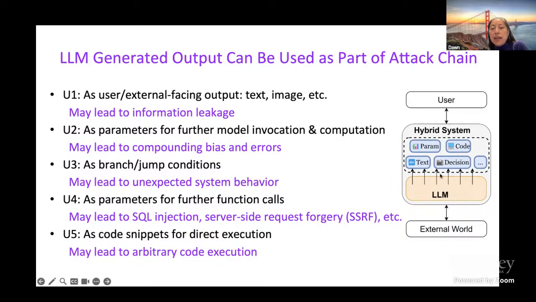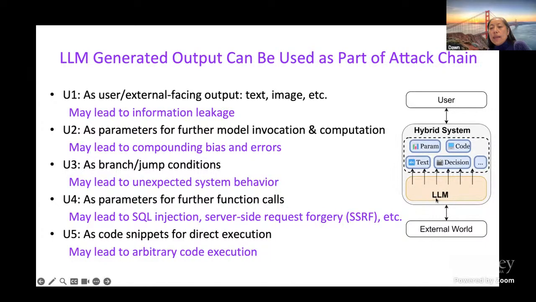And the LLM generated output essentially can then be used as part of the overall attack chain to enable various attacks to the rest of the system, as well as in the end to the external world to cause harm. So here are some examples of how LLM generated output can be used as a part of the attack chain.